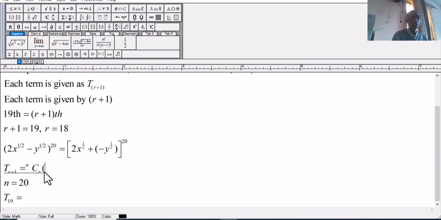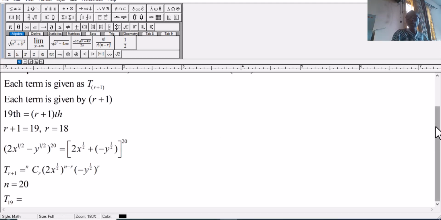That will be n combination r, times (2x^(1/2)) raised to the power of n minus r, into (-y^(1/2)) raised to the power of r.